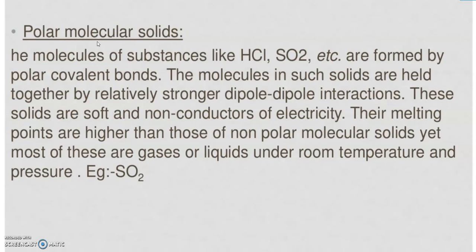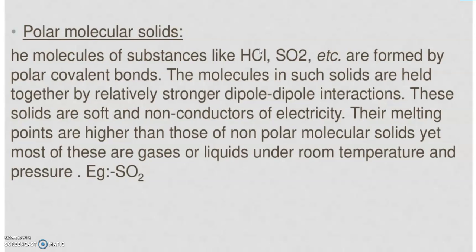Then what will be polar? The opposite. That is the molecules of substances like HCl. We have seen that it has a polarity, a polar covalent bond, because hydrogen and Cl are there. Chlorine is highly electronegative compared to hydrogen, so it will attract the electron pair towards itself. Hence it has a polar covalent bond. So there is stronger dipole-dipole interaction between them.